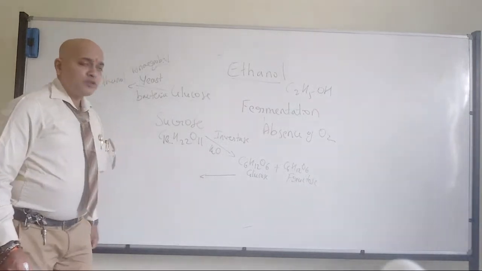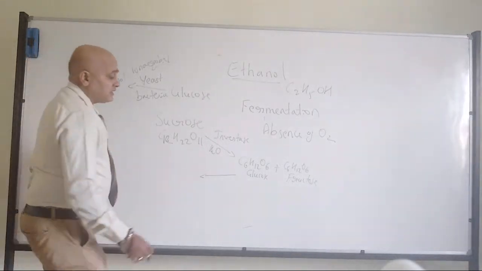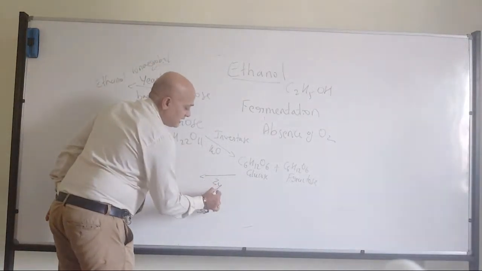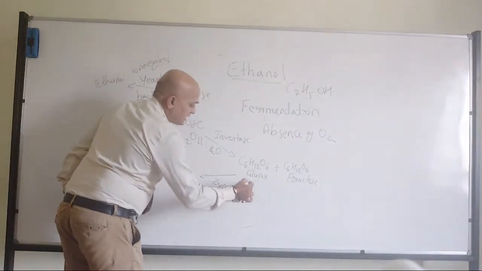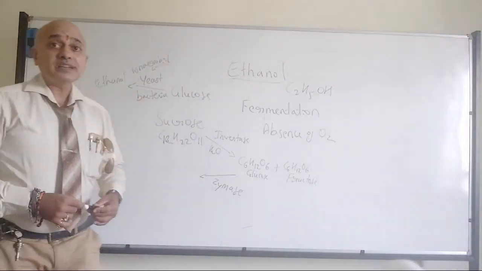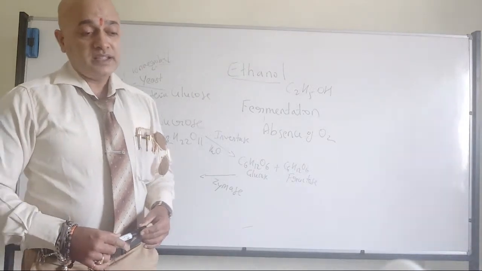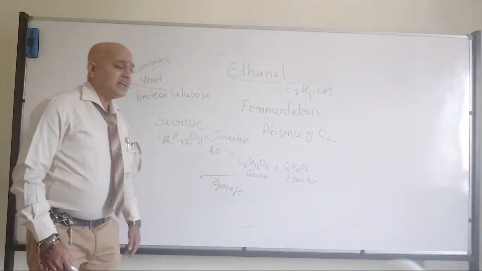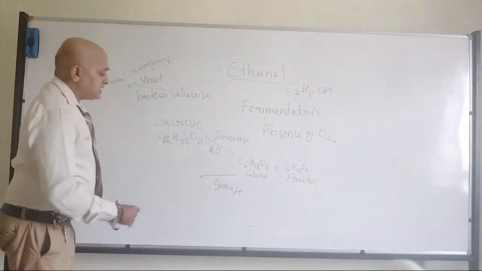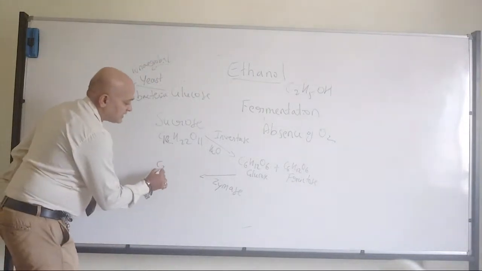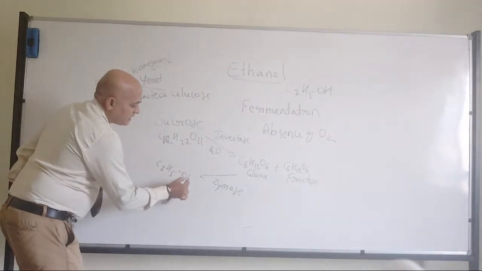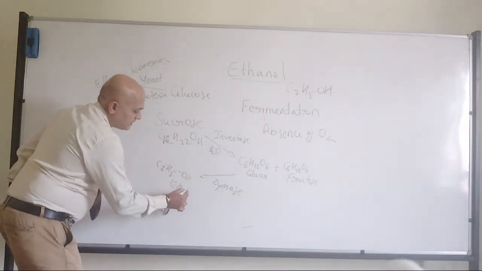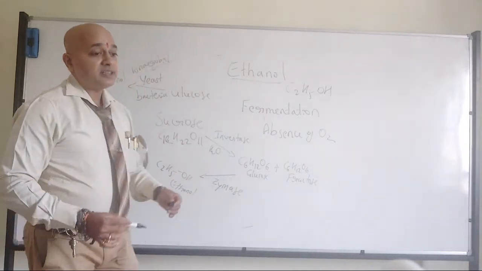So whatever monosaccharides are there, now they will be treated by the group of enzymes called zymase, which was isolated from the yeast. By utilization of zymase, they will get converted into ethanol.